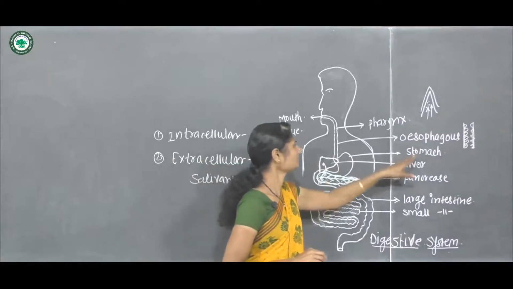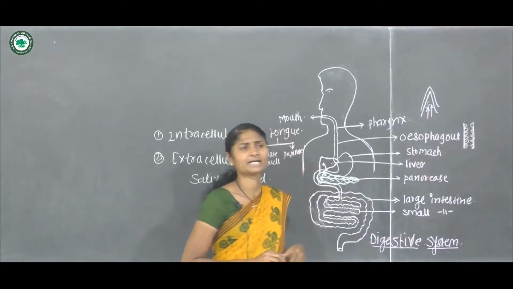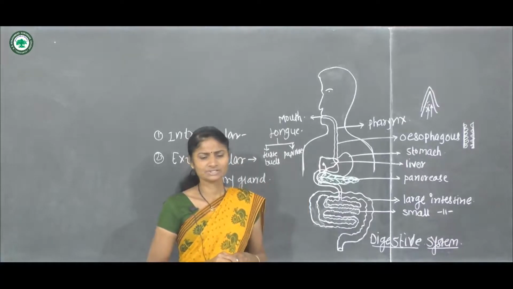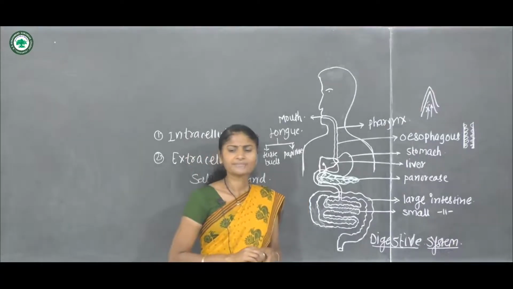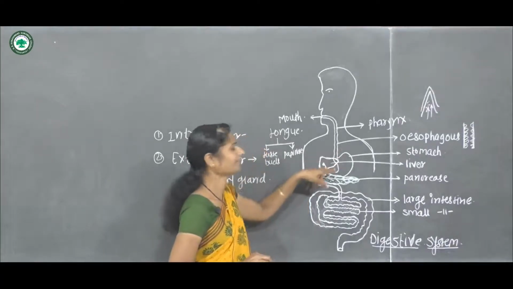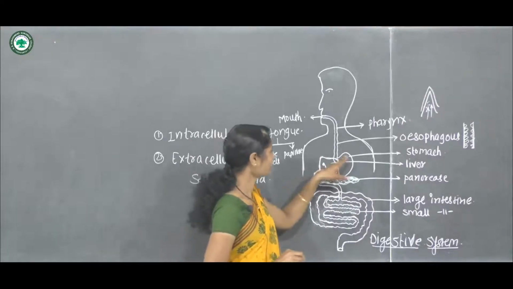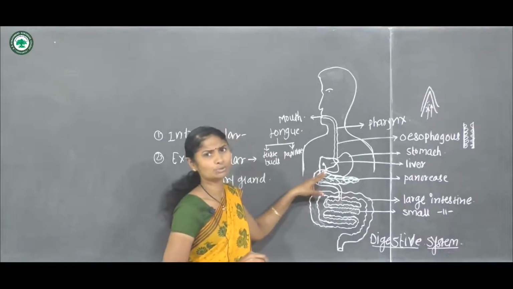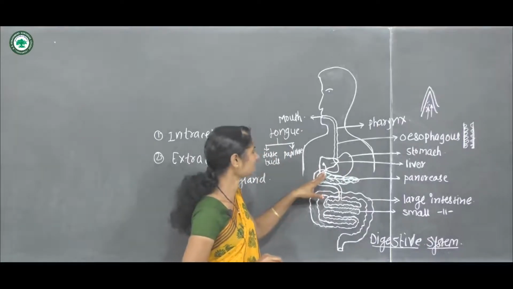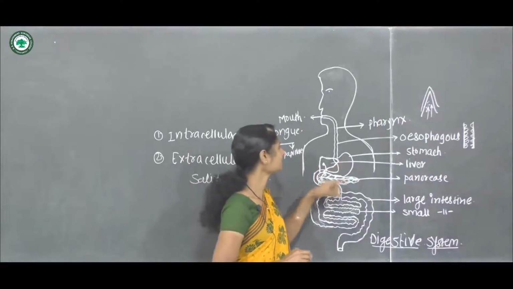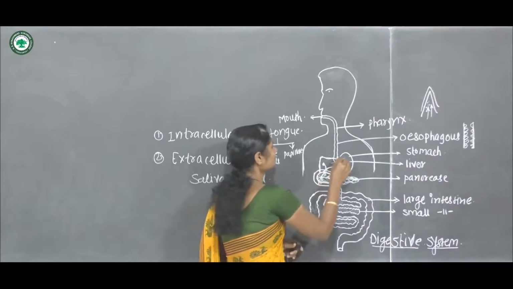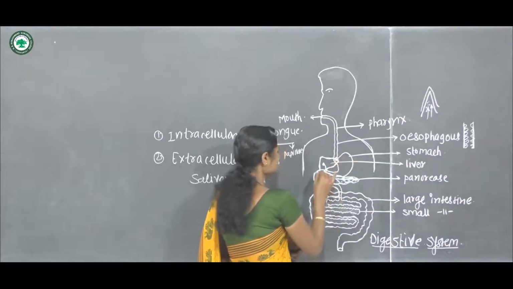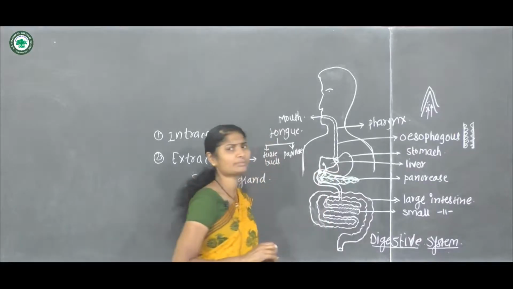Next part is the stomach. The stomach is again a muscular sac-like structure, divided into 3 parts: the cardiac part, the main fundic part, and towards the duodenum the pyloric part. Towards the cardiac part the cardiac sphincter is present, and towards the pyloric region the pyloric sphincter is present.